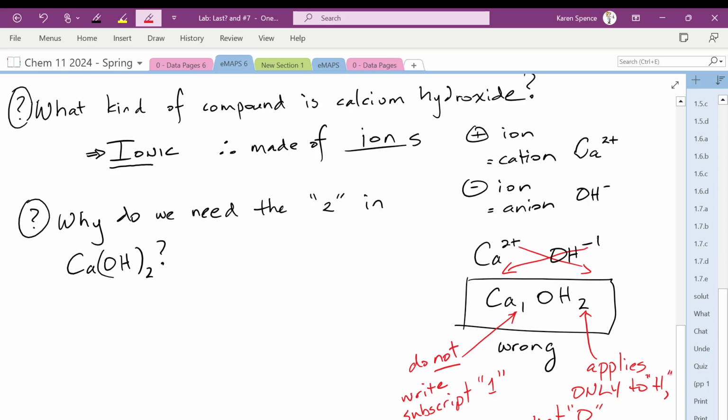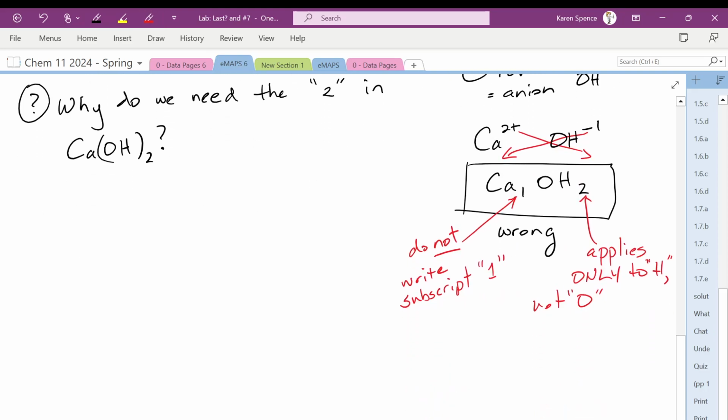Okay, so it applies only to the H, not the O, therefore we need brackets. All right, so our formula then would be Ca(OH)2. What's wrong with my formula the way I've written it now?